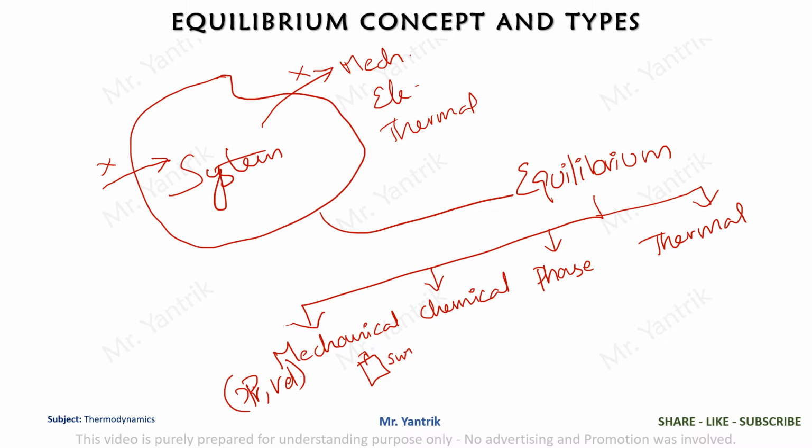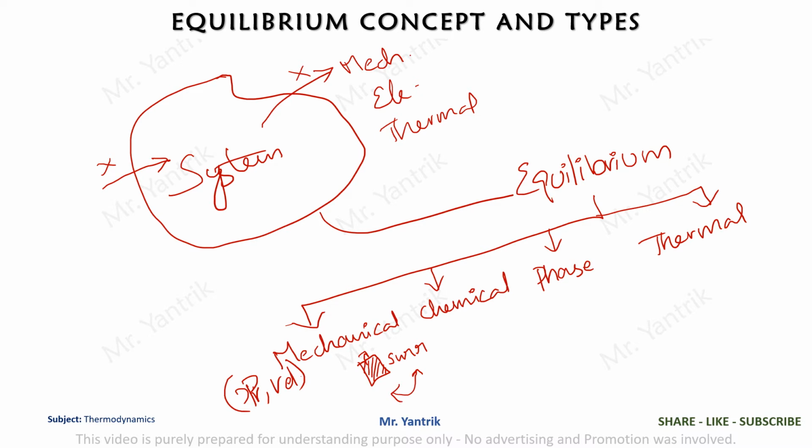This is the surroundings and this is the system, and the system has high temperature, high pressure, and the surroundings have lower pressure. If there is a change in the pressure gradient, then from the system there will be a pressure leakage.